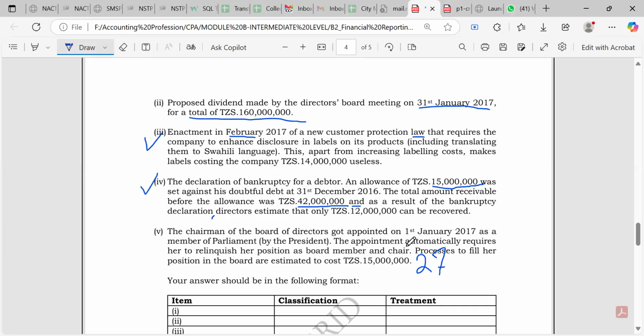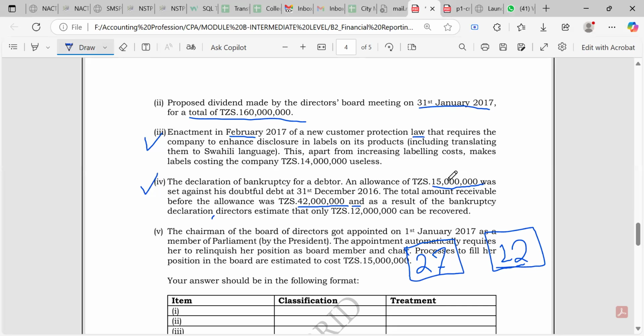So in the books, you still have 27, but you are told that you can only recover 12 million. So it means 15 million also should have been part of the provision. It's kind of we underprovided for the allowance for doubtful debts.